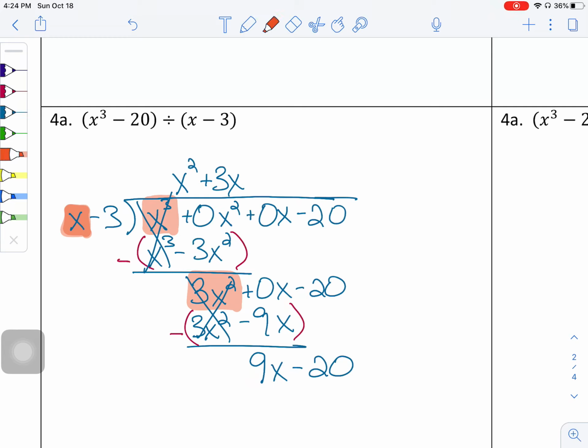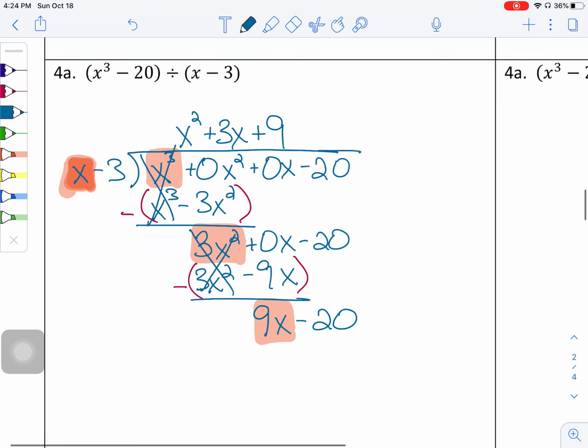And we've got to do the division one more time. So take our x value here, and we're going to divide it into 9x. So 9x divided by x is a positive 9. All right, so now I need to distribute. 9 times x is 9x. 9 times negative 3 is negative 27.